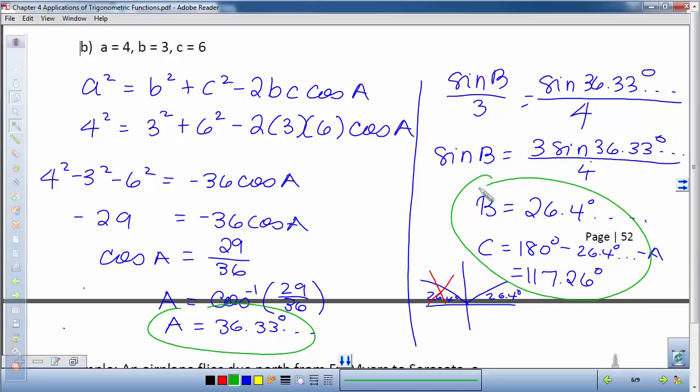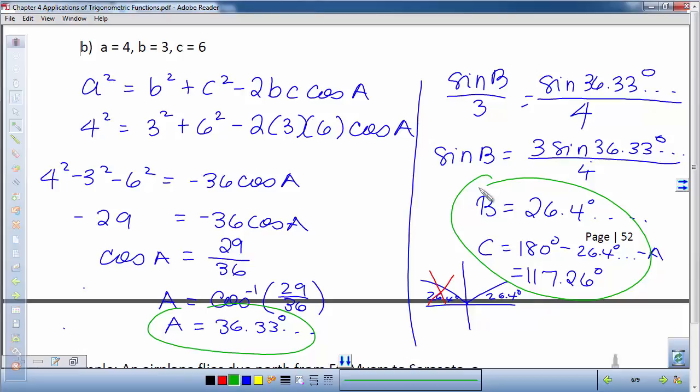Okay, questions about that? How do you decide when you do a squared equals b squared plus c squared and all of that? How do I decide which part? Why did I use that formula instead of what we did on the first half with sine A over a, based on the information that I have? In order to use the law of sines, I have to have a side and the corresponding angle.